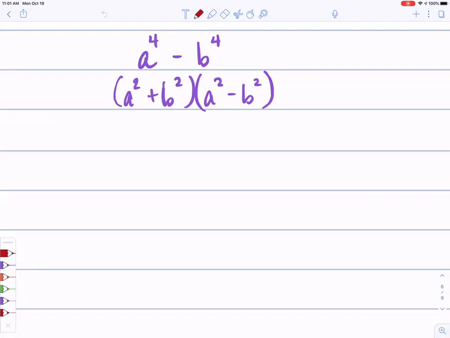When we met last, we talked about the fact that a to the fourth minus b to the fourth is the same thing as a squared plus b squared times a squared minus b squared. Actually, this can factor a little further, can't it? What else can be factored in this second line here? Again, Math 101, Math 102, pre-algebra stuff, Algebra 1.